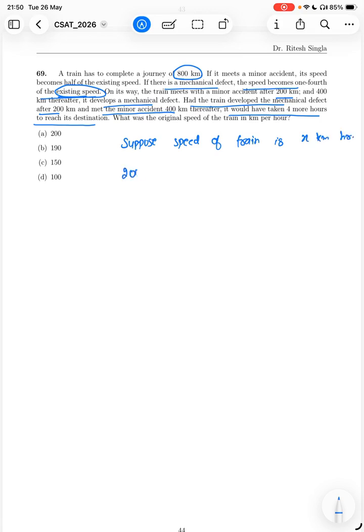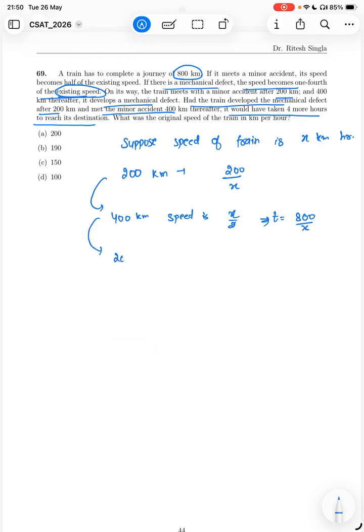So for the first 200 kilometers, how much time will it take? It will take 200 upon x, right? Then for the next 400 kilometers, speed is x upon 2. So how much time will it take? 800 upon x. And for the next 200 kilometers, speed will be 1/4 of the current speed, so x upon 8.